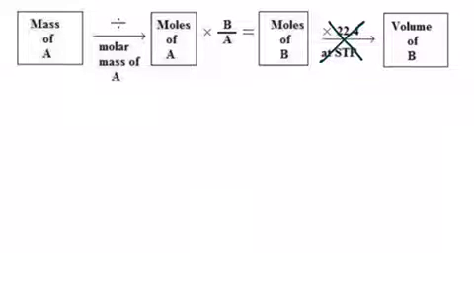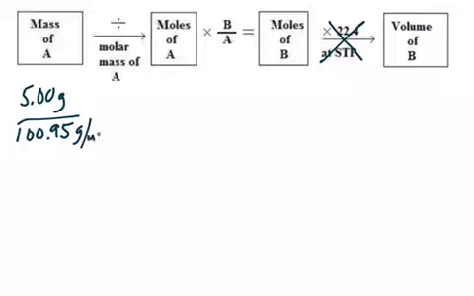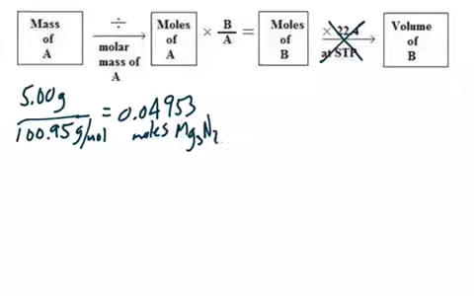Now let's do the first 3 steps because they're going to be identical. We have 5 grams of magnesium nitride. We're going to divide it by the molar mass, which we just found to be 100.95 grams per mole, and we're going to convert it to moles of the given, or A, and that's 0.04953, and that's moles of the given, Mg3N2.